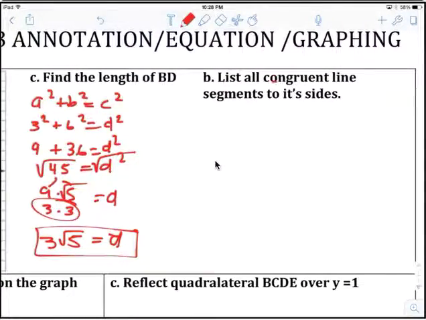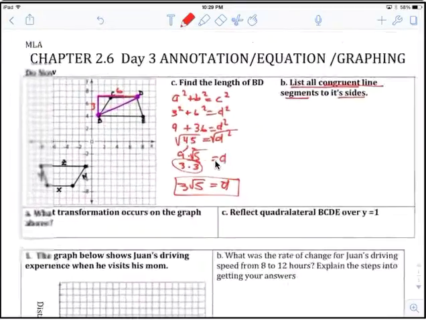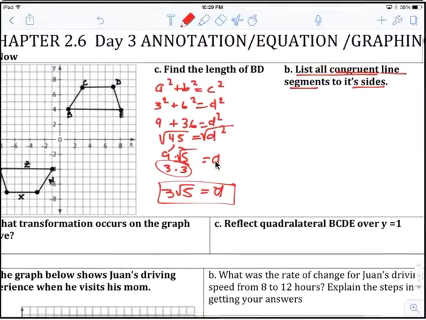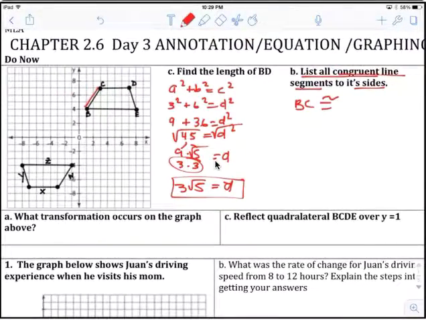List all line segments congruent to its side. Okay, so erase this. BC is congruent to, which one is it?